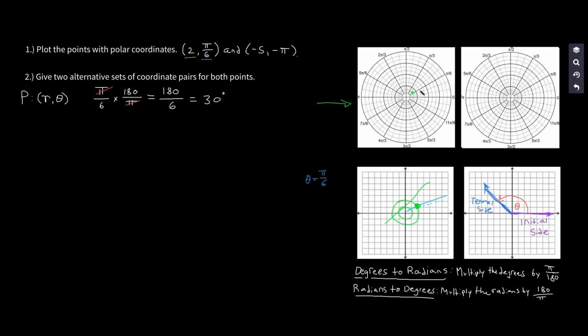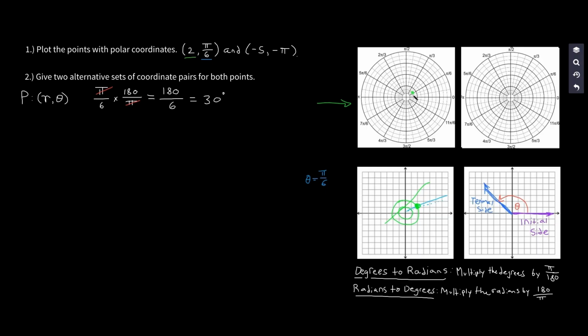So we move up from the initial side to represent the angle, and then we count the circles from the origin to place our point r. So we just follow the ray. Once we've rotated to our second angle, we just stay on that specific line on the terminal side, and then we move outward until we hit the second ring, and then we place our point there.